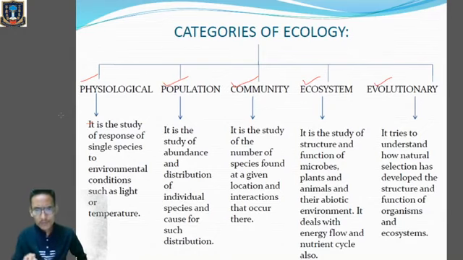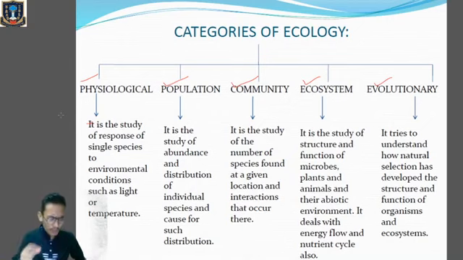So those particular responses which the species will show towards the environmental factor or conditions, for adaptation and survival, is known as physiological ecology. Here we'll simply deal with the response of a species, of an organism, to the environmental conditions.